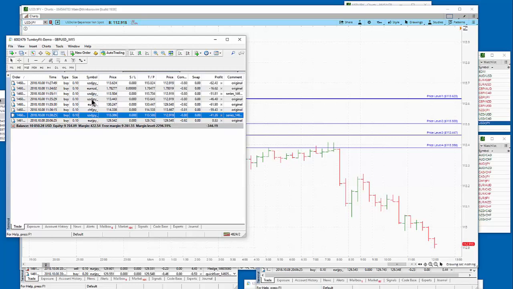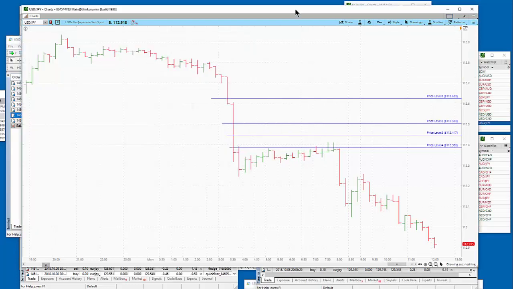And so most of the problem we have here is with regards to how the USD JPY pair moved today, right? So I brought up a 15-minute chart.